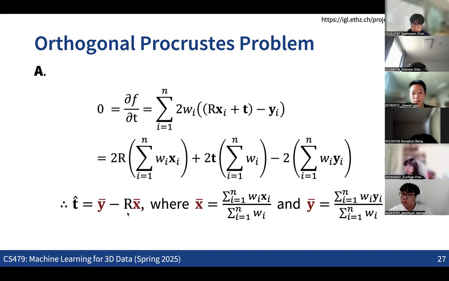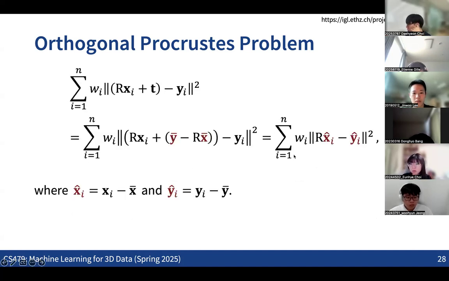So this is the case when the rotation is given, right? Now let's plug this optimal translation into the original formulation, and the formulation becomes like this. So now we only have the formulation with respect to the rotation here.